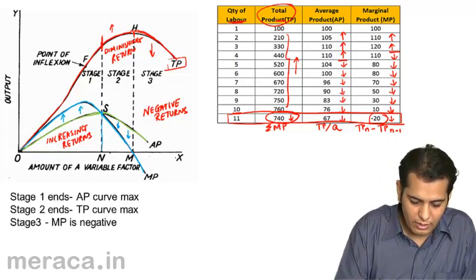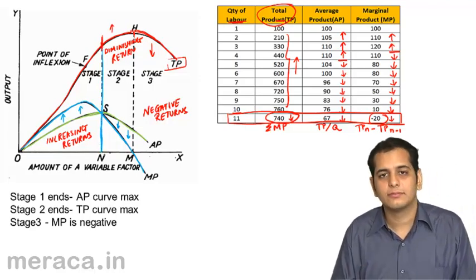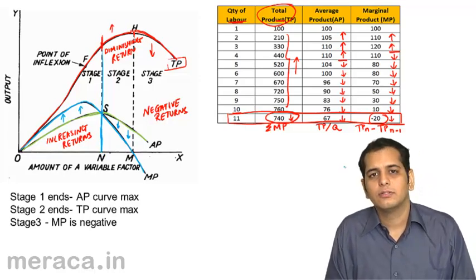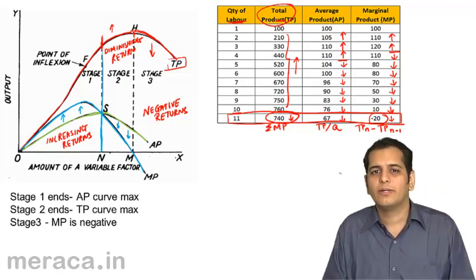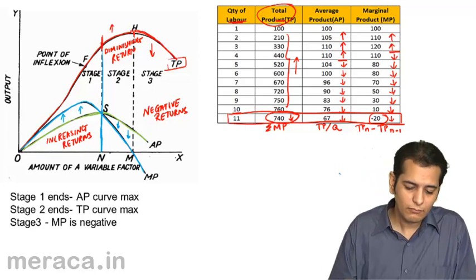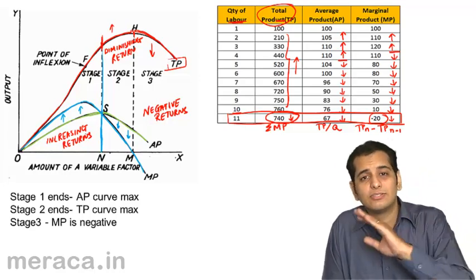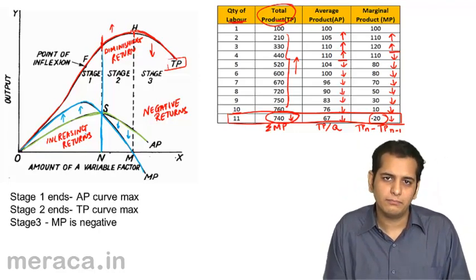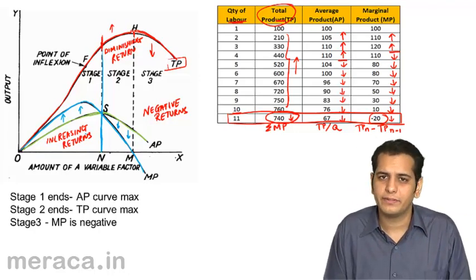So this is where our first stage ends at a production level of ON. When we have produced the quantity ON of our product, we have come to an end of the first stage. This is the stage where we got increasing returns. Our marginal product curve was going up, so was the average product curve, and because of these two, the total product curve was also increasing.